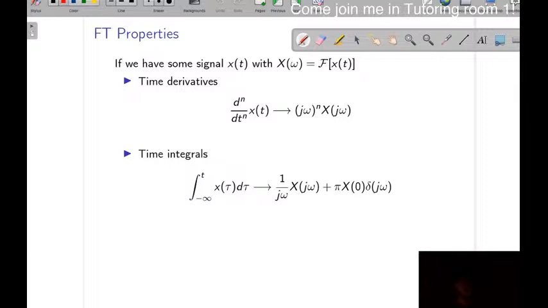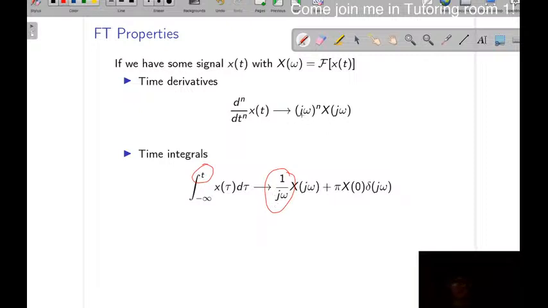We get a similar property if we integrate in time. If we take the integral from negative infinity to t, it's not from negative infinity to infinity, because that just gives us a number. But if we have a signal that's the causal integral, where we're just taking the area of a function over time, then the Fourier transform of that is very similar, where we divide by this j omega term.